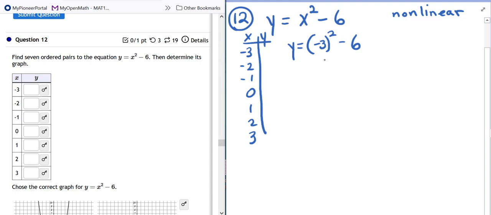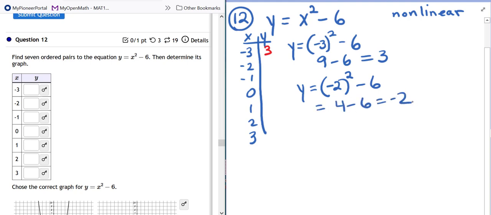So this will give us a positive 9 minus 6, which is 3. All right, we plug in negative 2, so use parentheses. Negative 2 to the exponent is 4, minus 6 is negative 2.